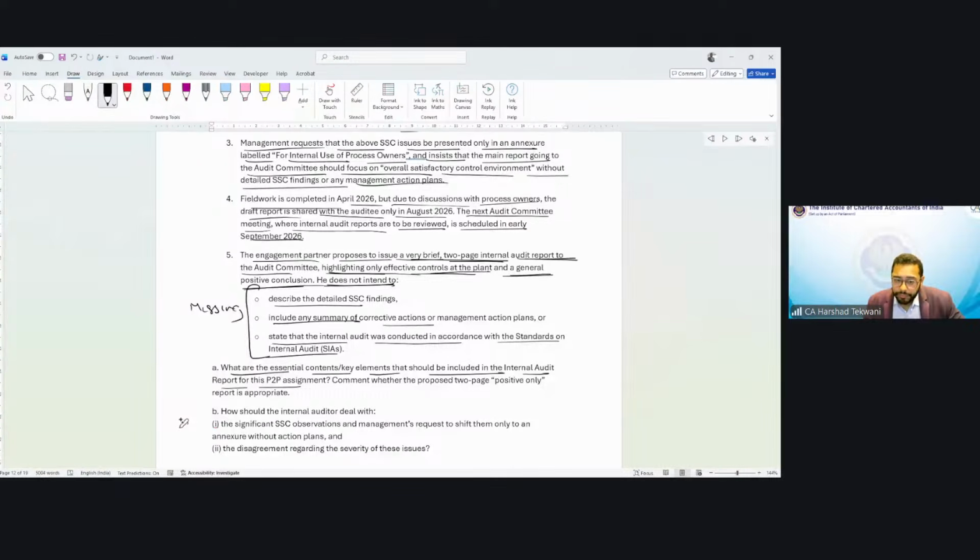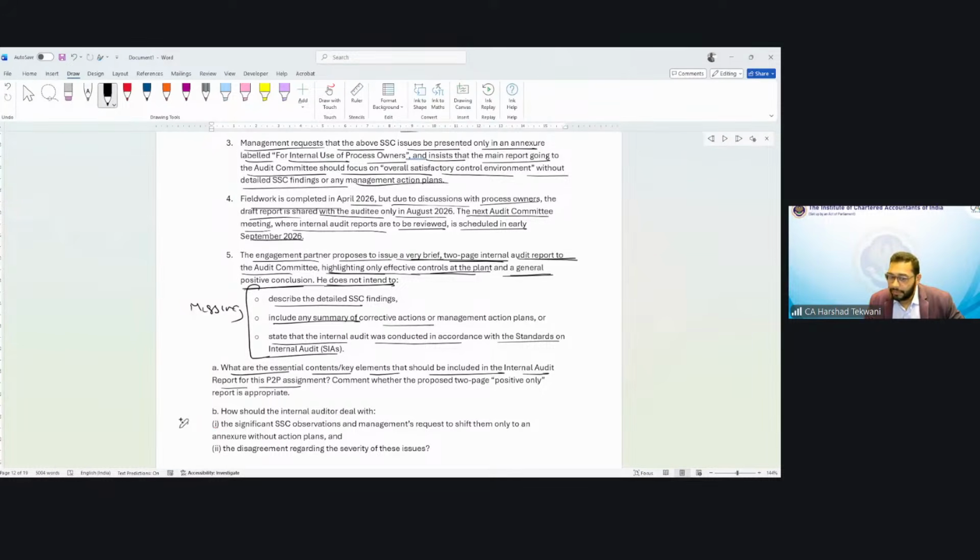These items are already missing. I think nothing is there in the report then. Third is the executive summary of the key observations covering all important aspects specific to the scope of engagement.